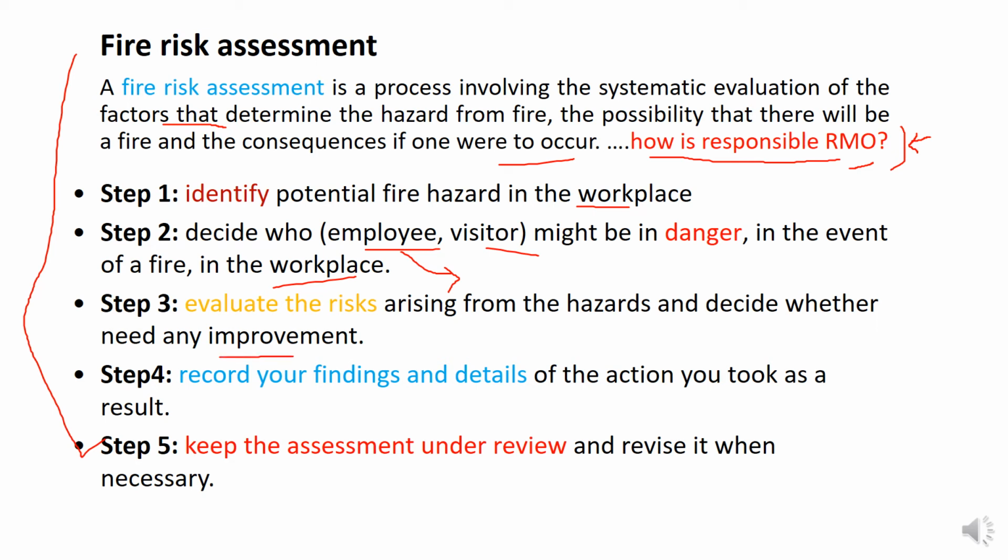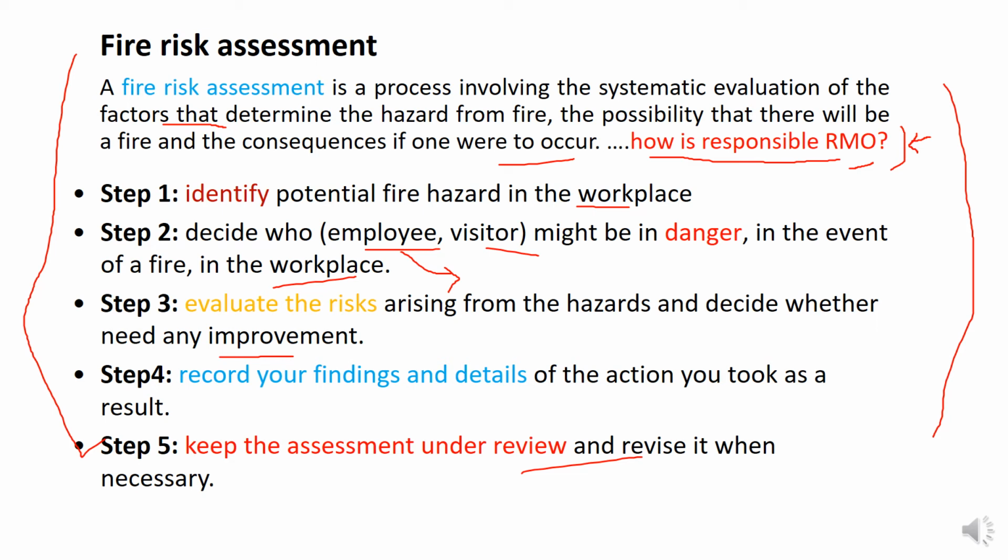Secondly, they record all findings and details and then take action as a result of that particular incident or data. And finally, they keep the assessment under review. Especially each year, but also from time to time, they observe the labs and other workplaces, offices, and classrooms as well.